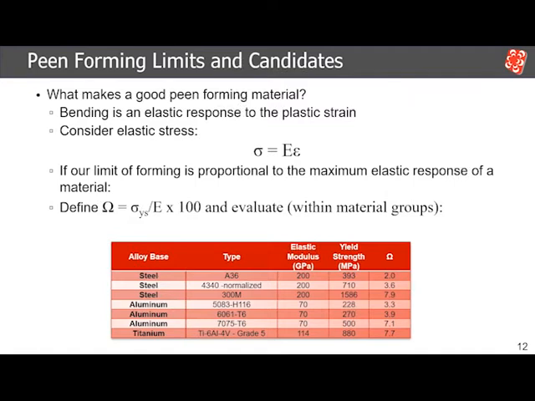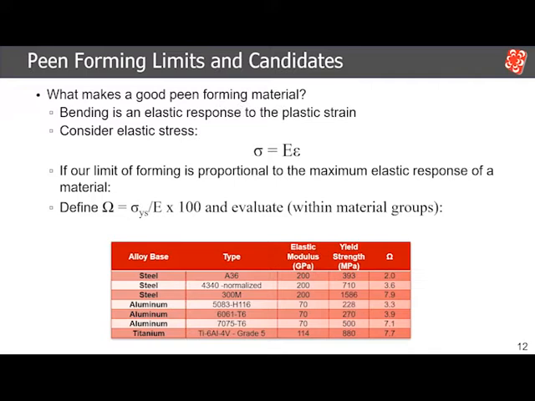So how do we know if a material is a good candidate for laser peen forming or not? There's not a manual out there for laser peen forming. So one of the things that we have adopted is to evaluate relative capabilities for different alloy groups.